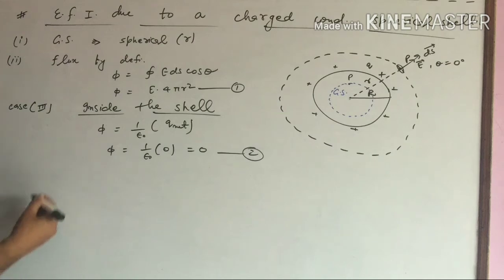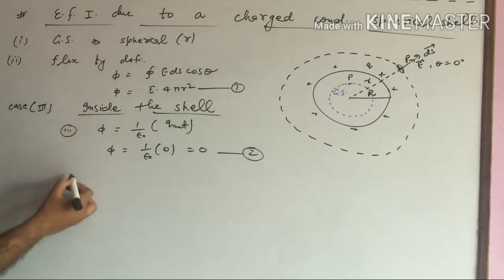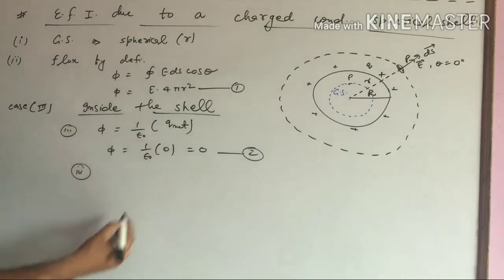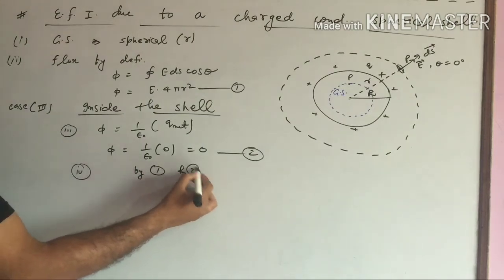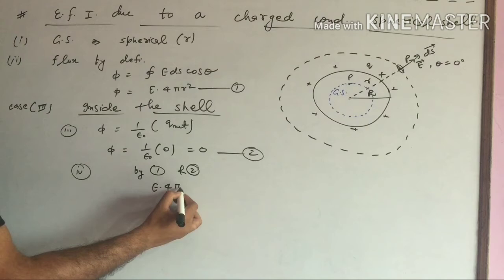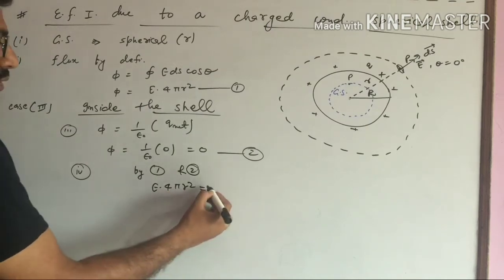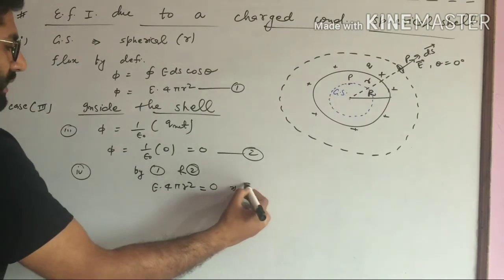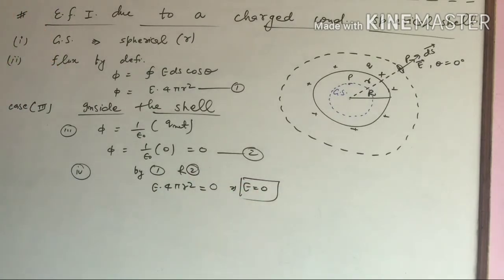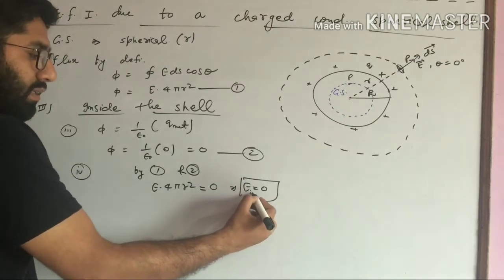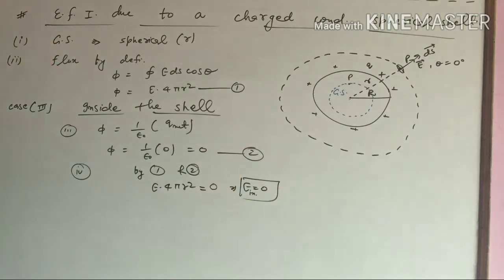Again, the last step, this was the third step. Now the fourth step will be using 1 and 2. By 1 and 2, if we compare the results, we will get E into 4 pi r square equals 0, which gives us electric field to be 0. So that means the electric field inside the spherical shell will be 0 only.